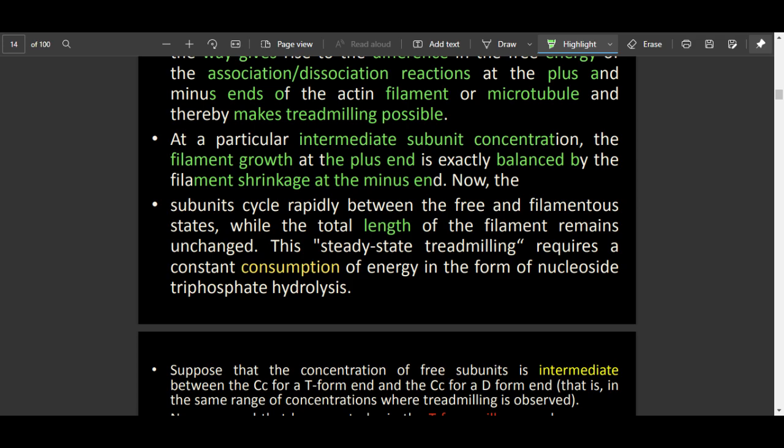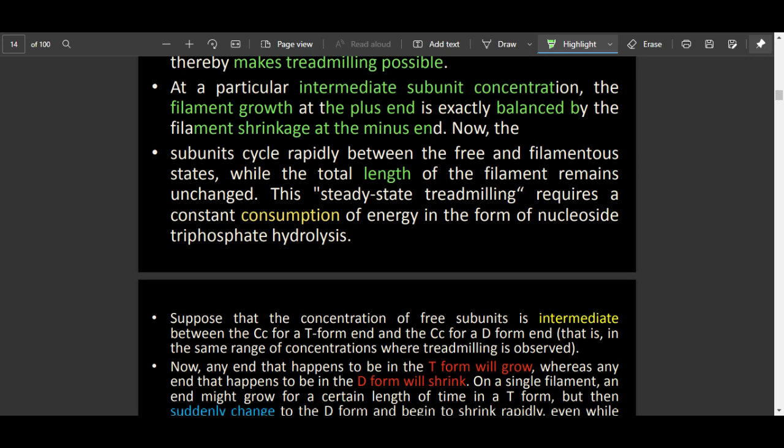So the balanced concentration is made by filament growth on one side and filament shrinkage on the other: growth at the plus end and shrinkage at the minus end.